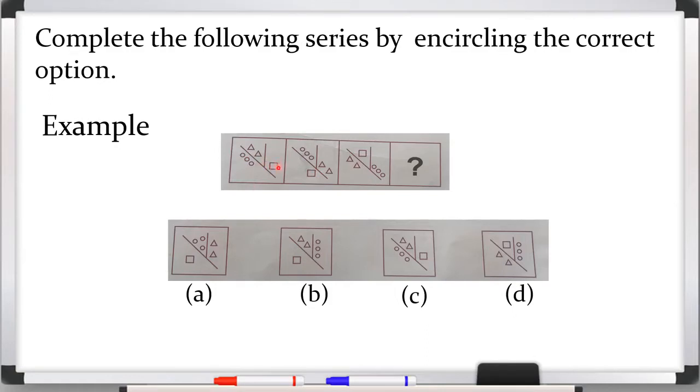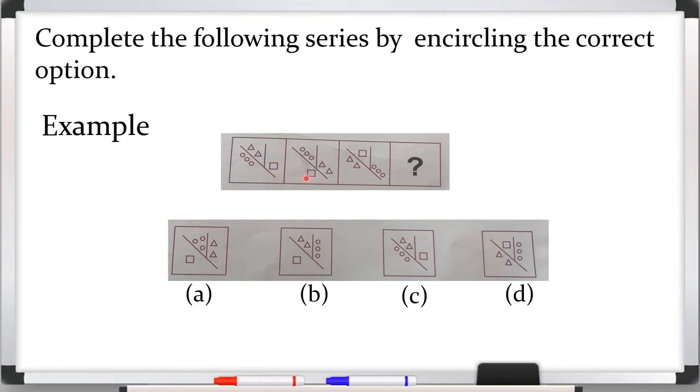But beta, here you can see that in this first figure this square is at the right hand side. Then circles are given and then triangles are given, but here this square comes down, means it moves from this to this. And like this the triangles. So in clockwise direction they are moving.